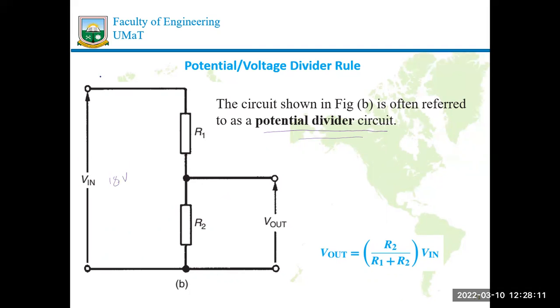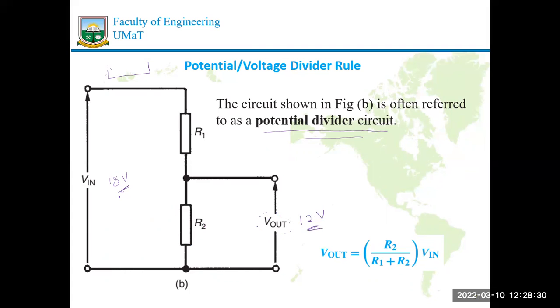So I went to buy a cell on the market. I need 12 volts at my output, okay, to power something else that takes 12 volts. But what I had was 18 volts.